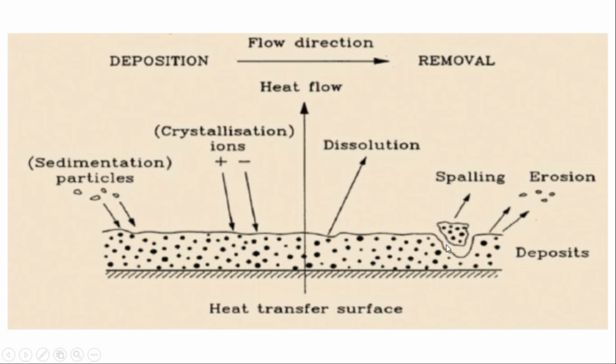Then there might be spalling and the removal of some corrosion particles which will move along the fluid direction, because the flow direction is from left to right. Ultimately the fouling surface will erode away, so the heat transfer will be in this direction, right?